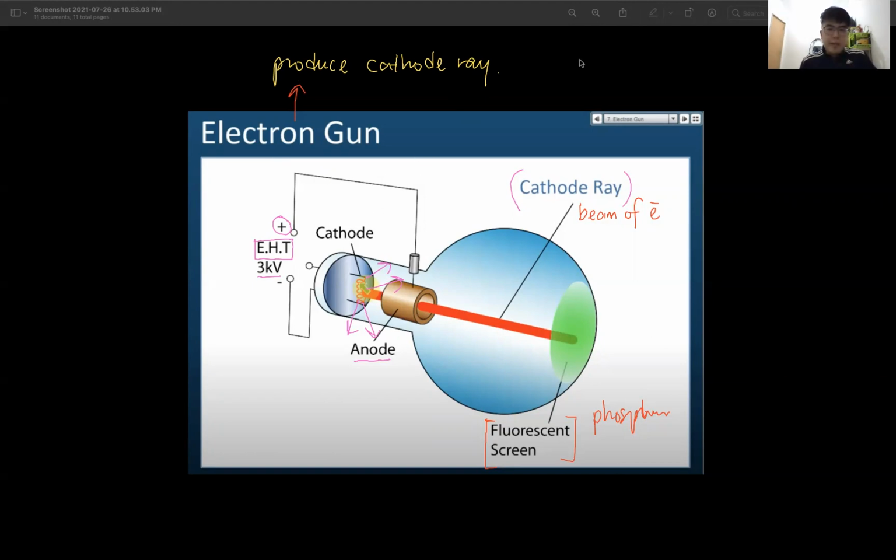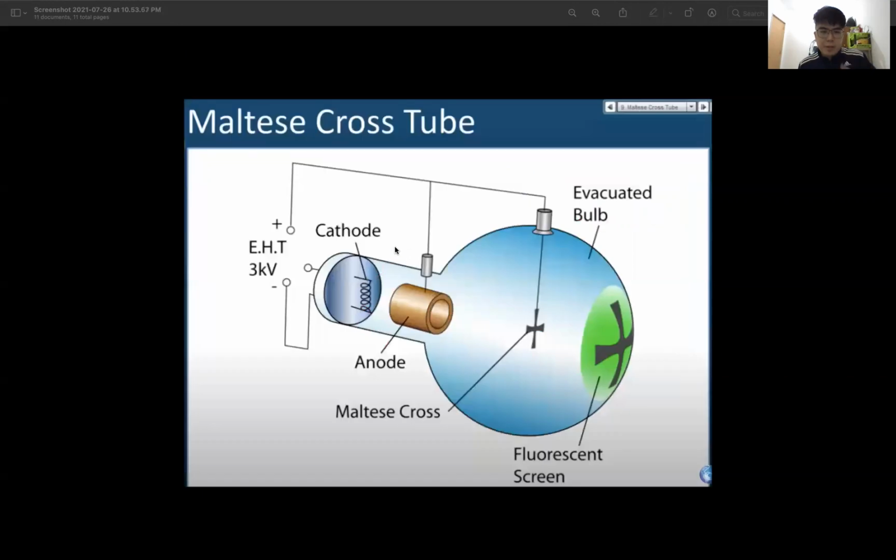Now, another setup looks very similar to the electron gun. That is called the Maltese cross tube.